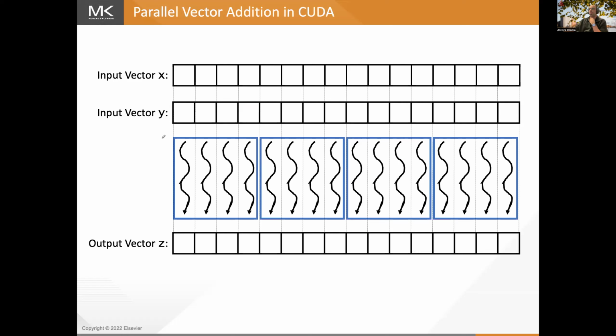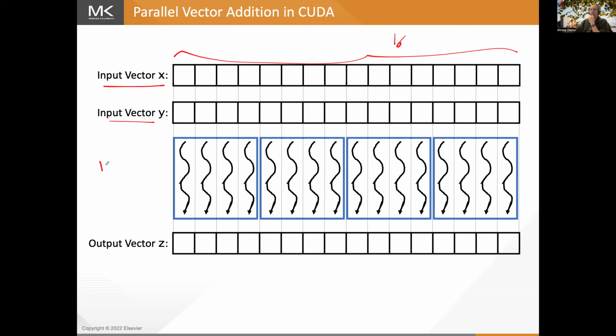Okay, so let's get back to our example. So we had this input vector x, input vector y, and now we launch a grid of threads, or more accurately, a grid of thread blocks. So we launched 4 blocks. Basically, we have 16 elements here, and we launched 4 blocks, and each block contains 4 threads, right?